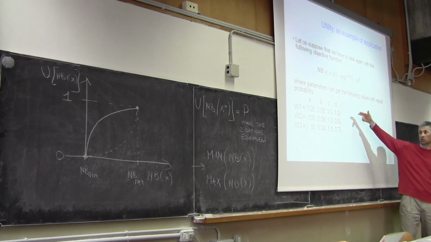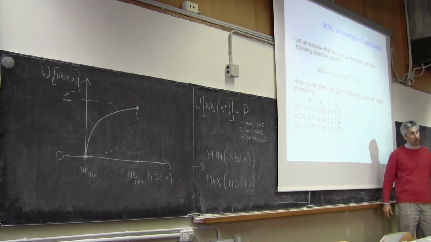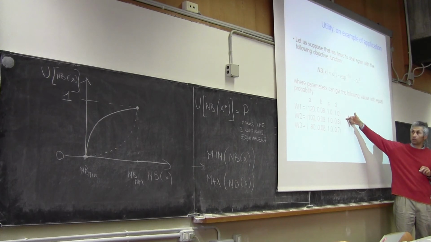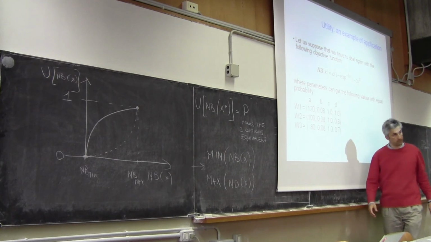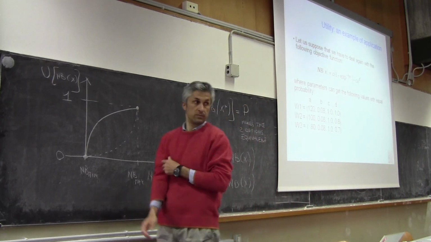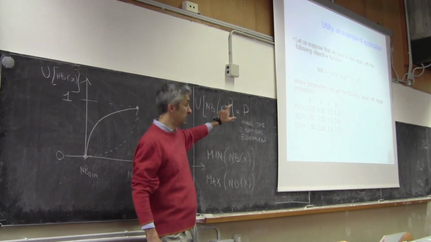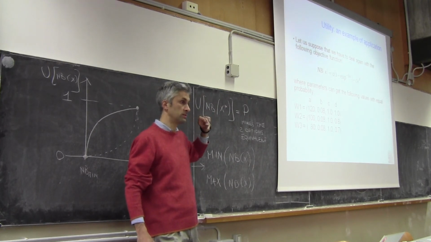And each parameter vector can occur with equal probability, which means that we have a probability of 1/3 that the true parameter vector is W1, 1/3 that it is W2, and 1/3 that it is W3. And this is clearly a problem where you have uncertainty. Like before, the parameters of the objective functions are not exact, they are defined with some uncertainty.